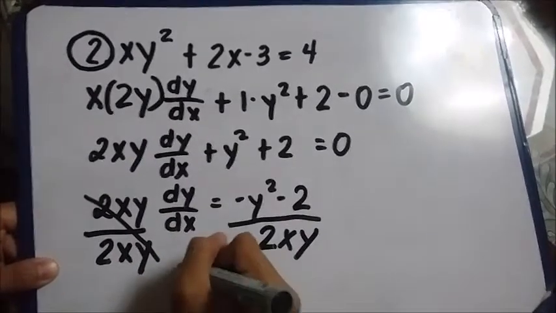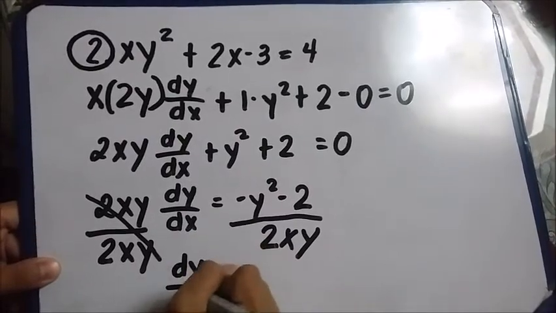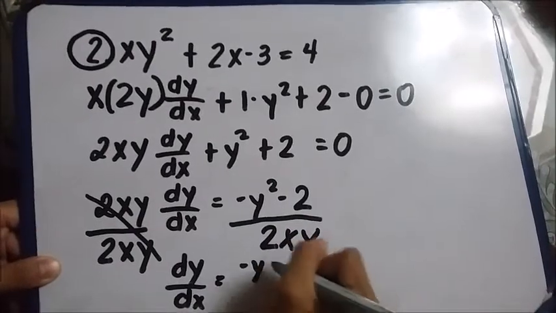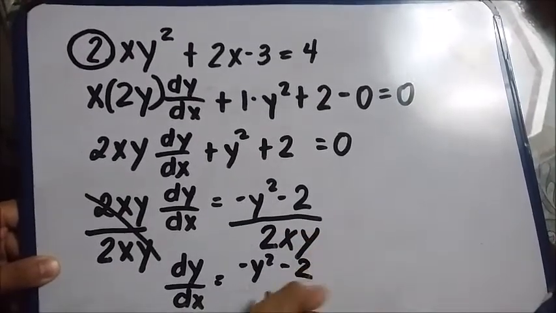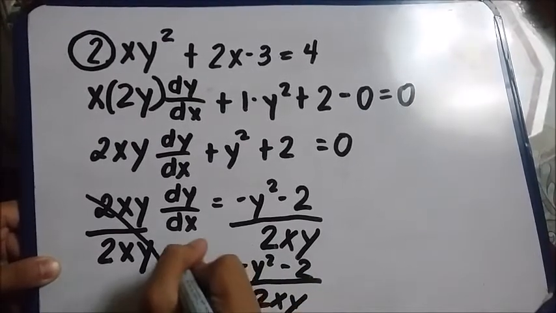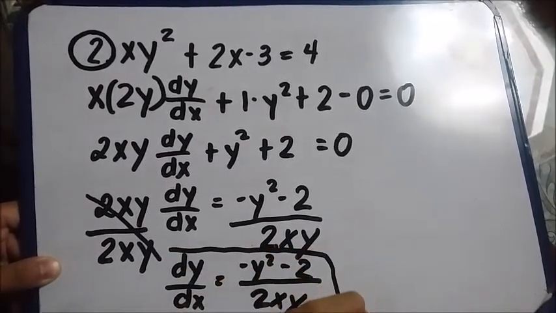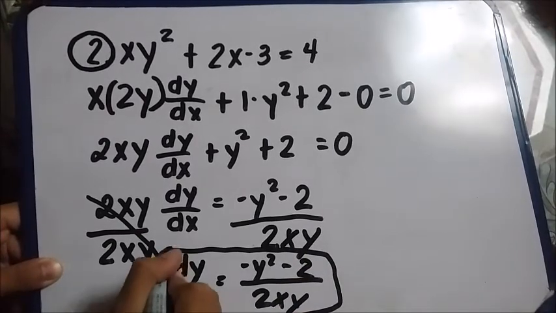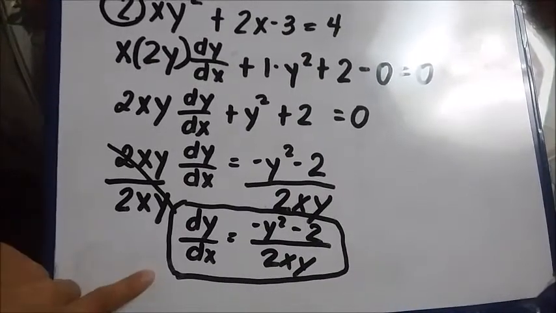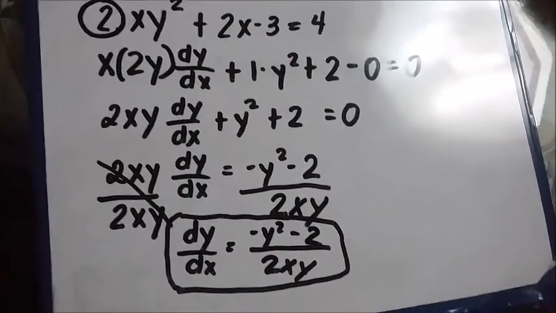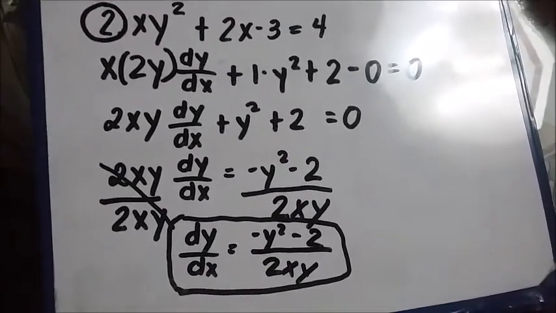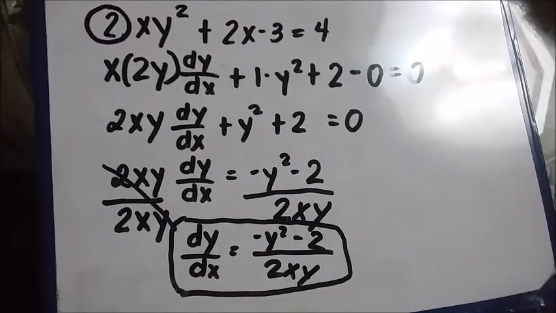So dy/dx equals negative y squared minus 2 all over 2xy. This is now our second solution. The dy/dx equals negative y squared minus 2 all over 2xy.